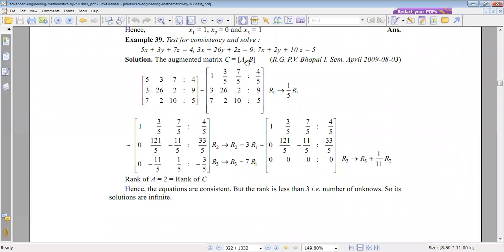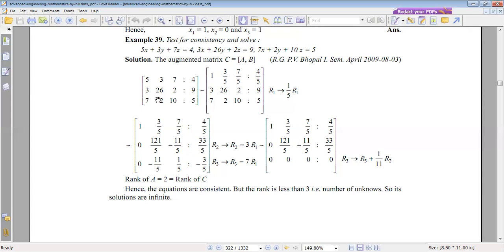The augmented matrix [A|B] is: 5, 3, 7, 4; 3, 26, 2, 9; 7, 2, 10, 5.